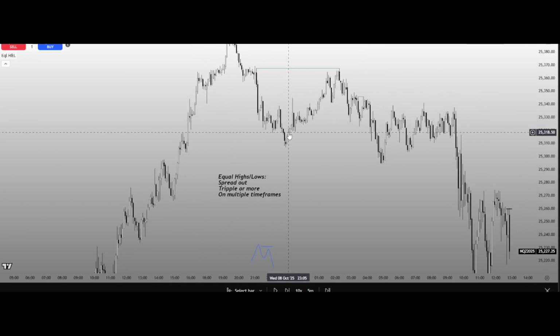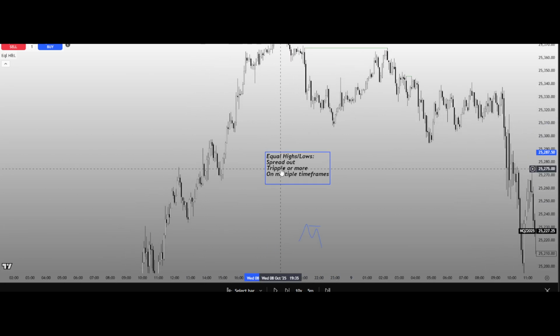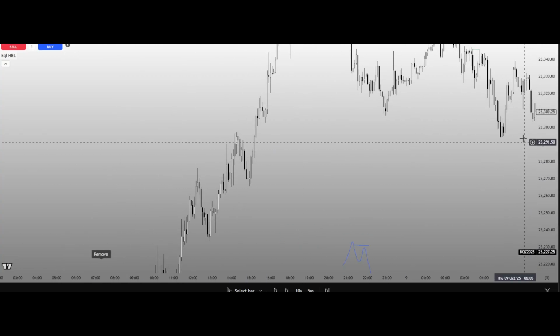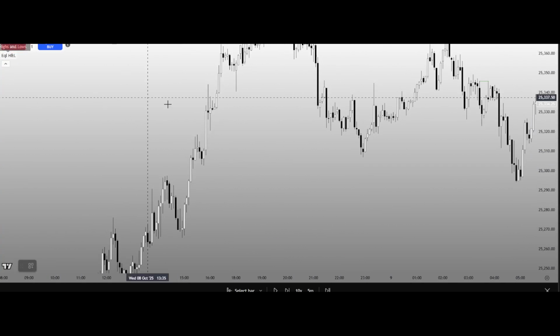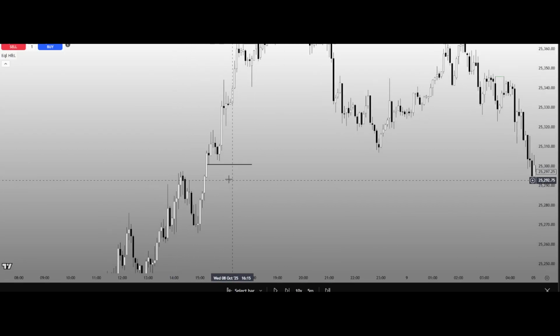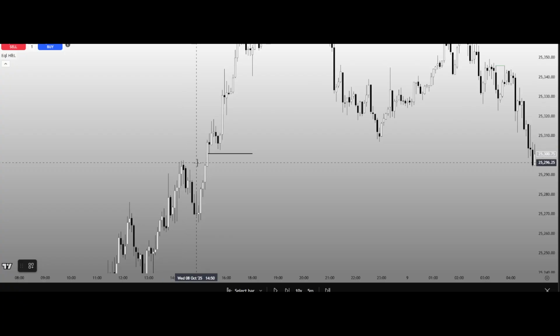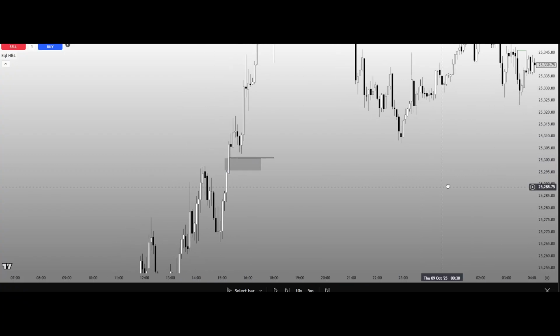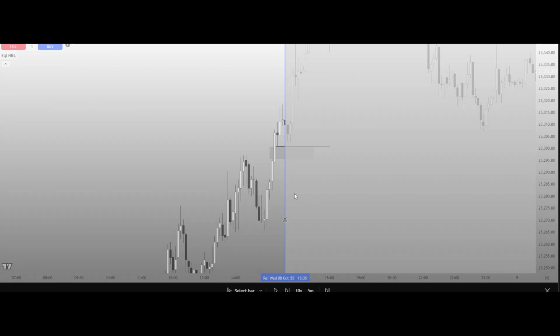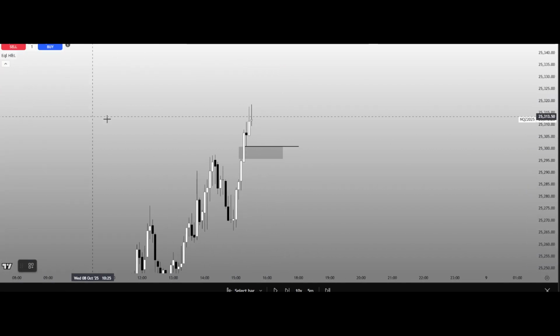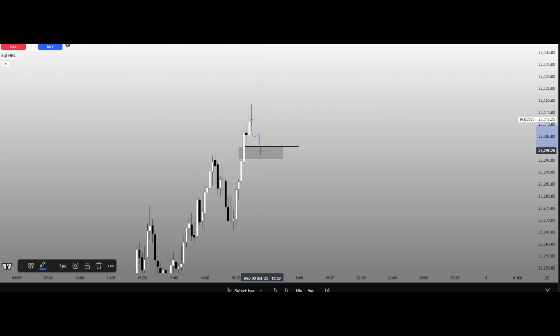Now, another thing that a lot of people don't talk about is equal highs and equal lows on fair value gaps. So, for example, here, let's say price came down, right? Where the fair value gap starts, right? If this is our fair value gap, and it starts here, meaning if price is going to tap into this fair value gap, it starts here because you start here and then it taps into it.